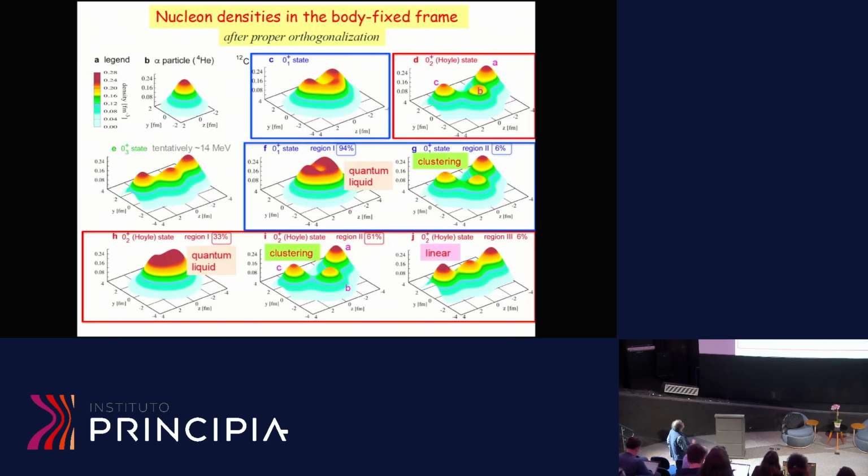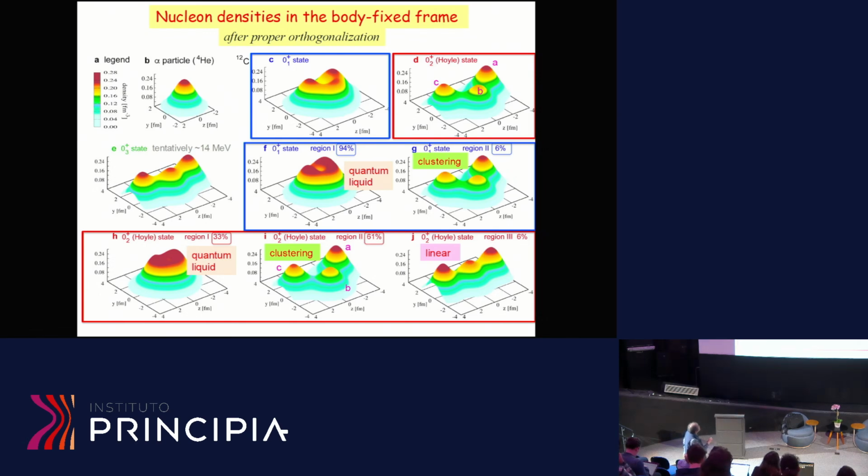Now let me show you the density profile. This is the density profile for the alpha particle using the same interaction. The highest value is about 0.24. And if you look at the ground state density profile in the body-fixed frame, I'll come to this definition later, in the ground state you have this plateau with density almost equal to this density.